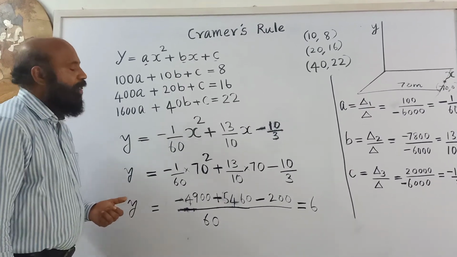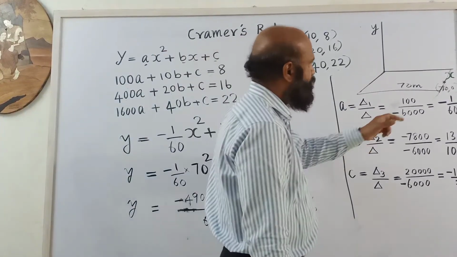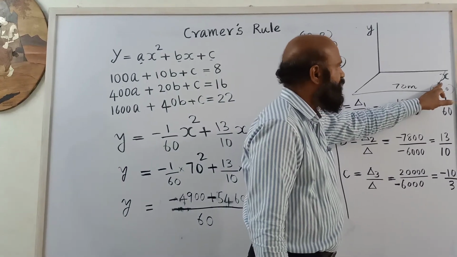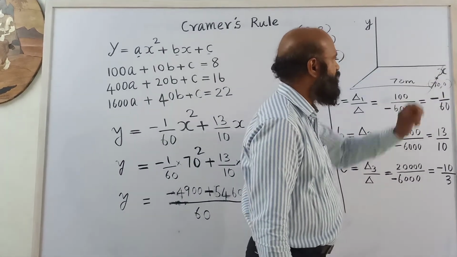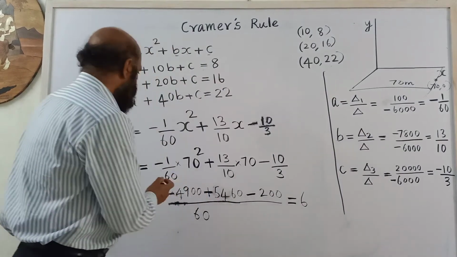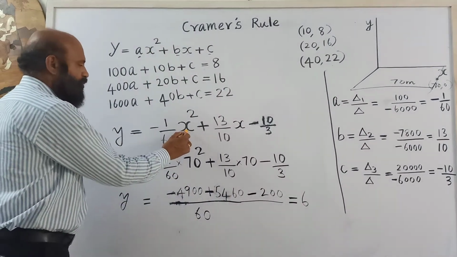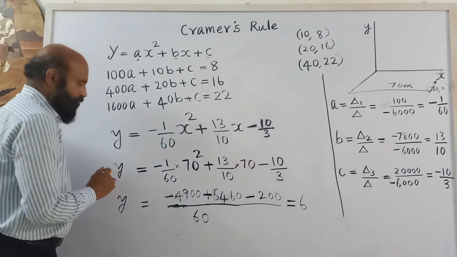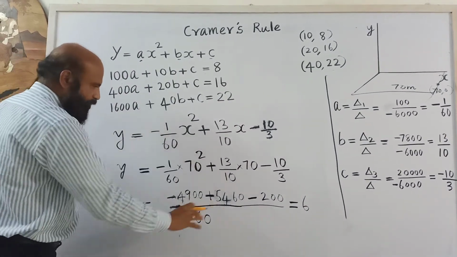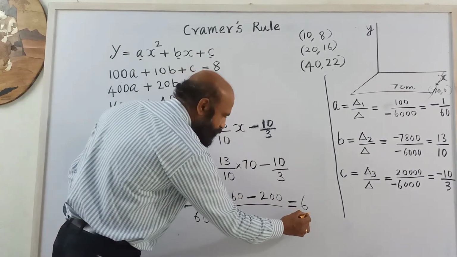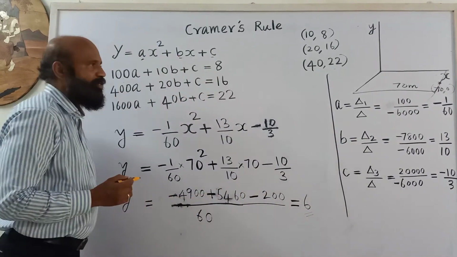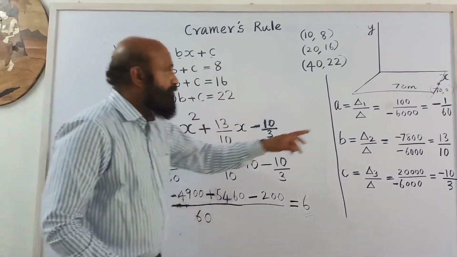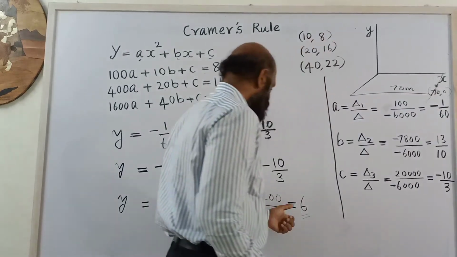Next, our aim is to find out when x is 70, what is the y coordinate. So in this expression, for this x you substitute 70. Then when we complete this calculation, we will get 6. When x is 70, y is 6.